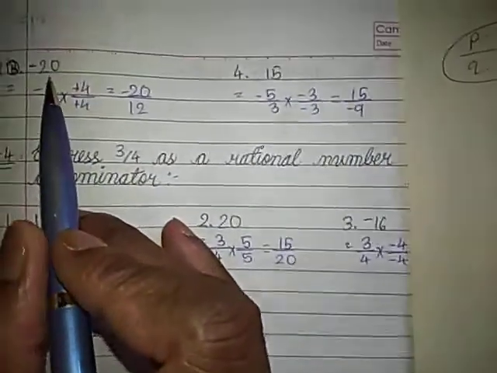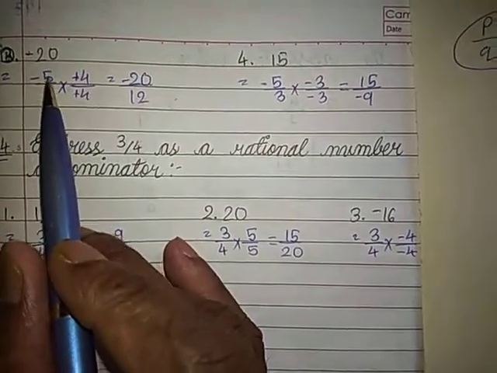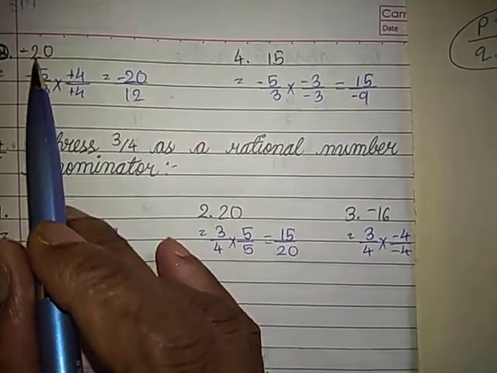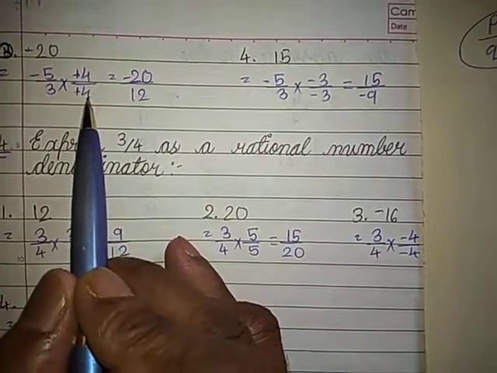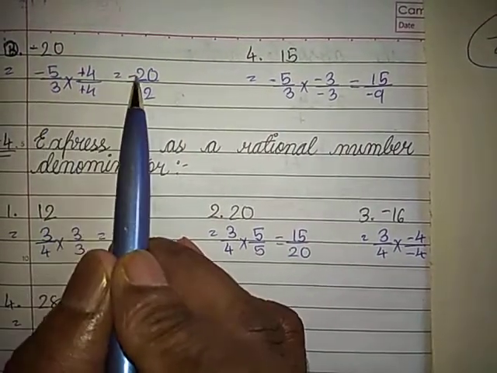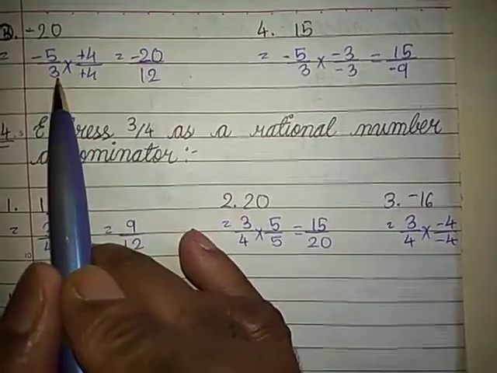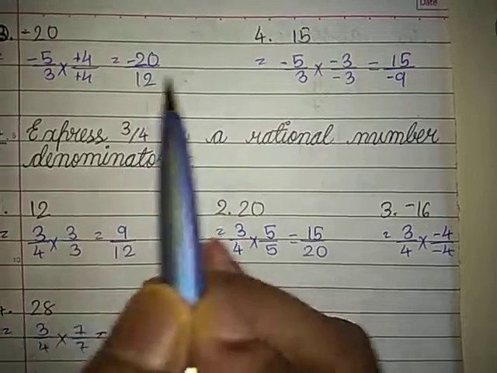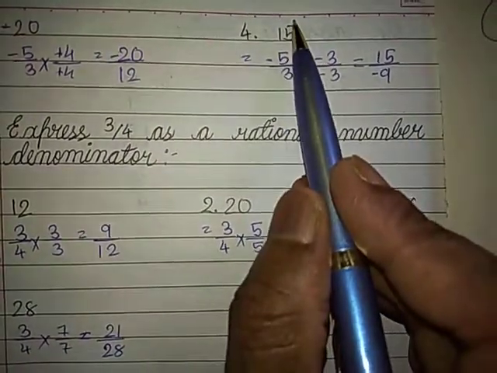You have to make the numerator 20. What is given to us? Minus 5 by 3. So you have to multiply with 4. So multiply numerator and denominator with 4. So 5 4s are 20. So you get the numerator as minus 20, and 3 4s are 12, denominator as 12. Now next, you have to make the numerator 15.